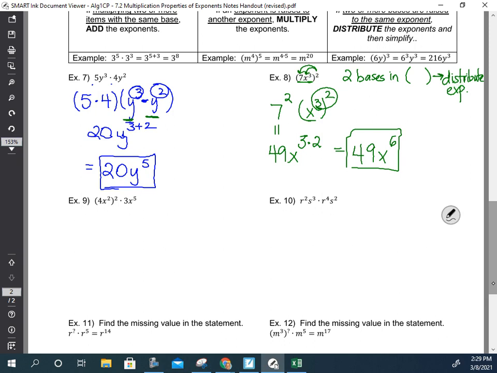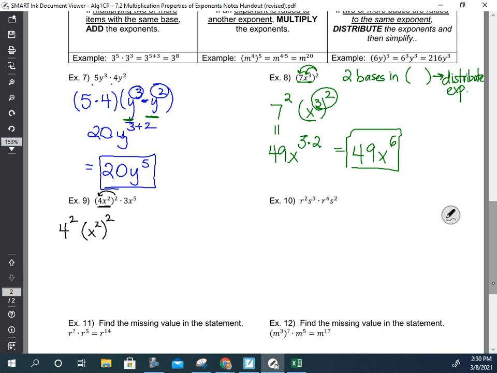So problem 9 is very similar to problem 8. Let's start in the parentheses. How many bases are inside the parentheses? Two bases. So we have 4, which is going to get raised to the second power, and x squared, which is going to get raised to the second power.